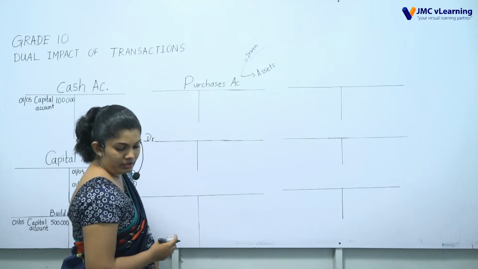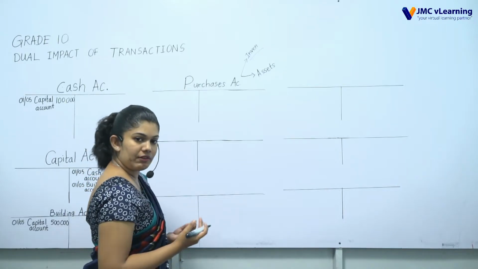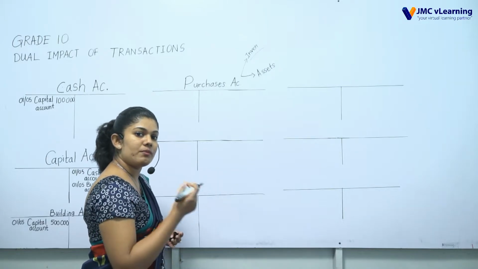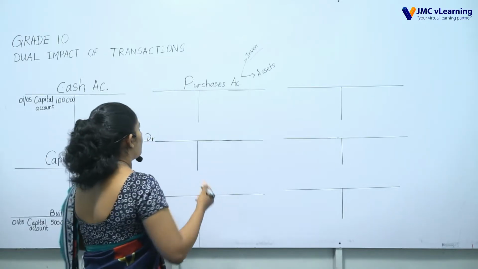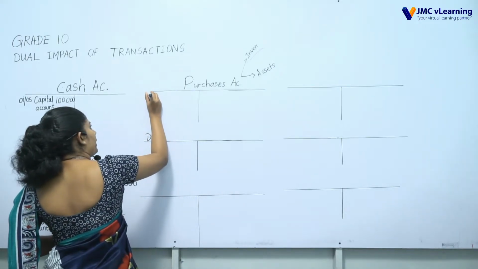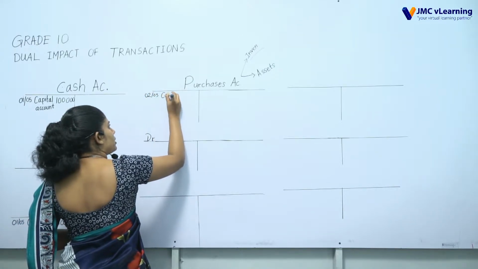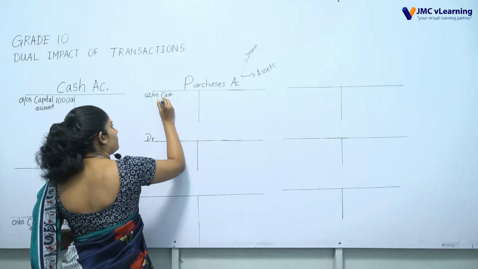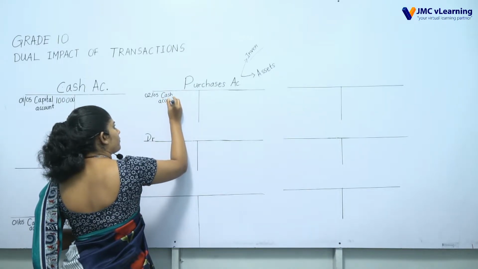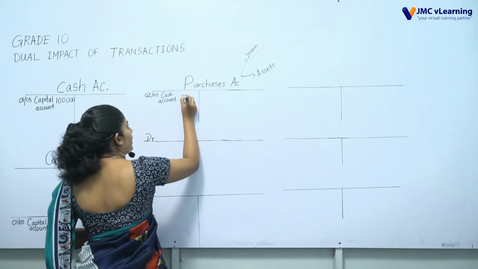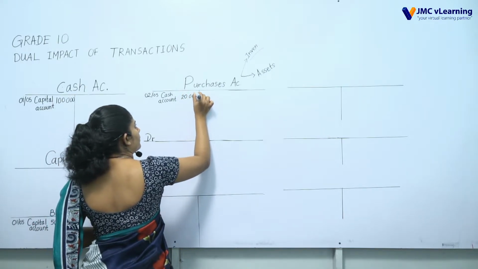It is on a cash basis because they haven't mentioned whether it's credit specifically. If it is credit, you have to mention it specifically. Therefore, 2nd of May, cash account, the amount 20,000.